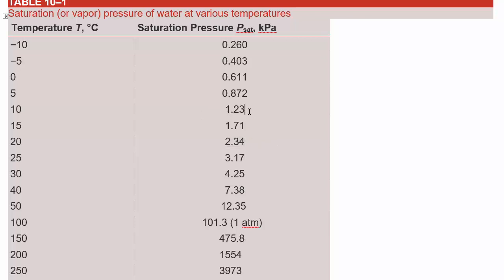On the other hand, if the partial pressure of water is too low, so we are at maybe 20 degrees, the partial pressure of water is 1.23, and we've got some liquid present, then it's going to want to evaporate until it gets to 2.34.